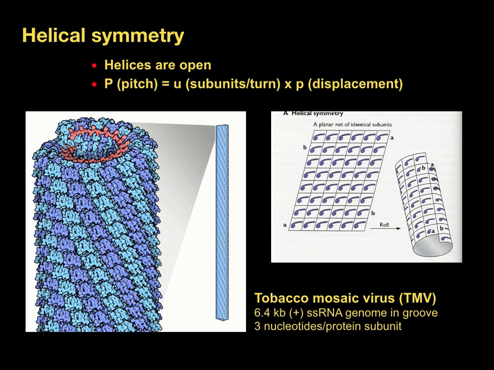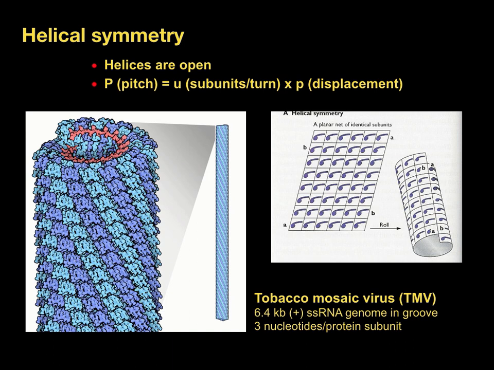And then we can also make a calculation of how many subunits we have in these capsids. In a similar way to the formula we applied with the icosahedral viruses, here we can calculate the pitch.